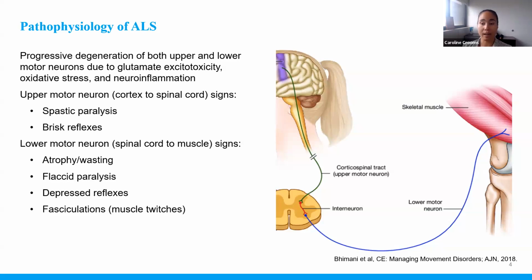A flaccid paralysis, so in contrast to that tight joint that's hard to range in the upper motor neurons, we're talking about a very loose, floppy limb. Depressed reflexes, again, a physical exam finding, and fasciculations, which are twitches of individual muscle fibers. You can see it in the tongue of somebody who has ALS, they may have twitching, and it can happen in any muscle of the body.